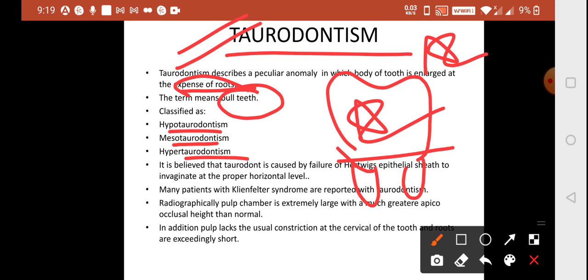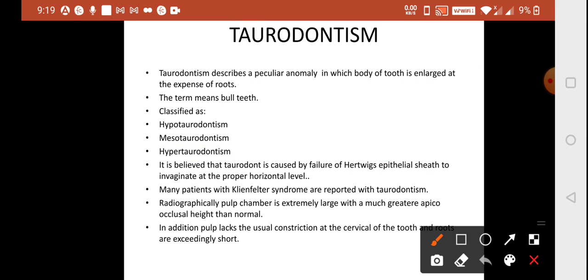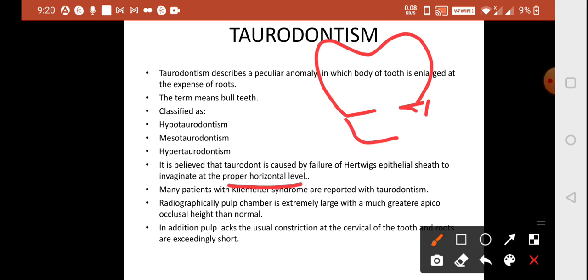It is believed that whenever Hertwig's epithelial root sheath is not able to invaginate, suppose this is the Hertwig's epithelial root sheath, wherever it invaginates, it forms the cemento-enamel junction. Whenever it is not able to invaginate at its proper level, it is going to invaginate more down, so the tooth portion will be bigger.